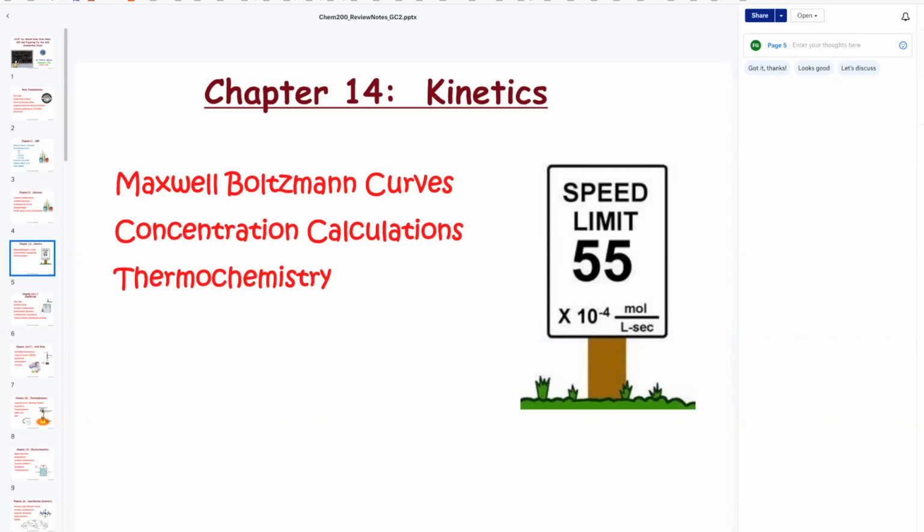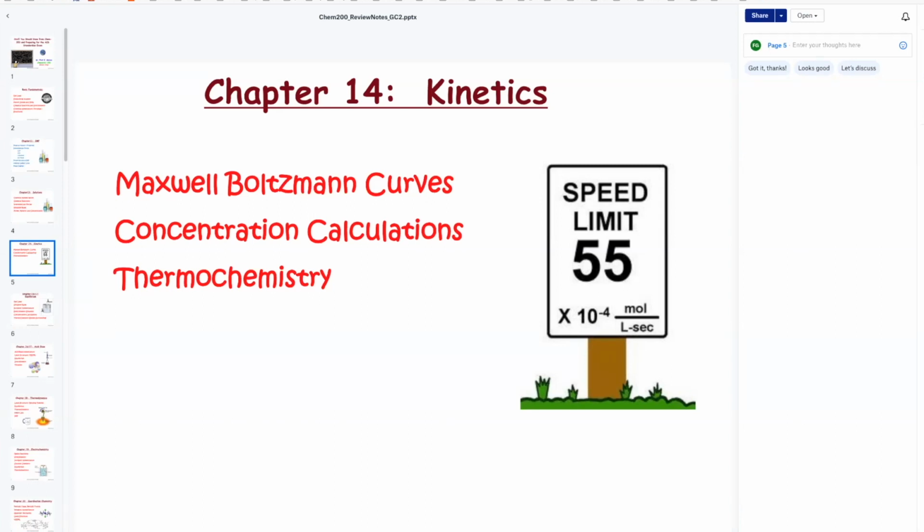Some will be slow, some will be fast, but there's a profile described by the Maxwell-Boltzmann curve that shows you the relative energy to each other at that temperature, okay? All chemicals will not have the same energy just because the temperature is constant, but there's going to be an average in there.